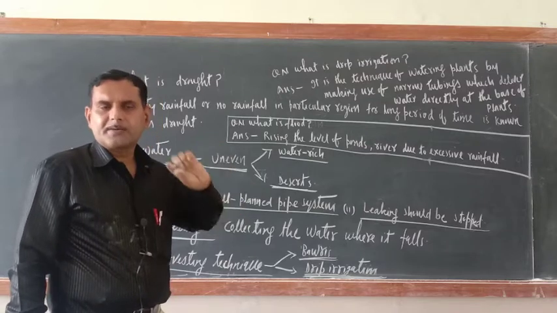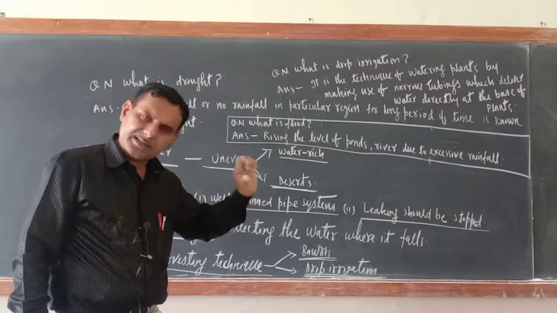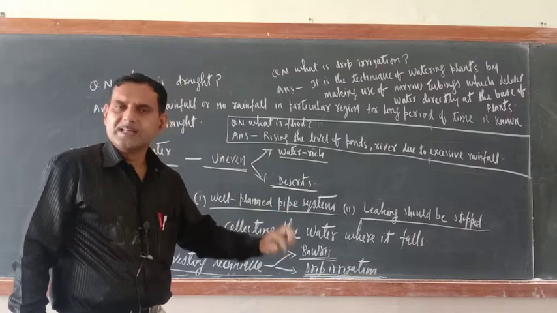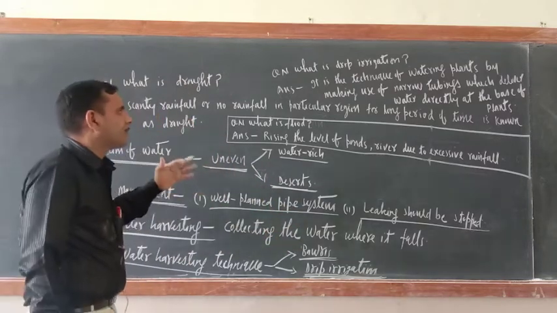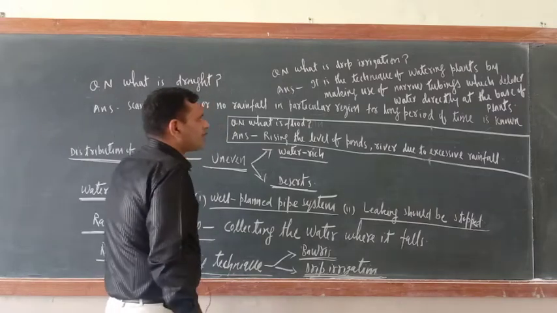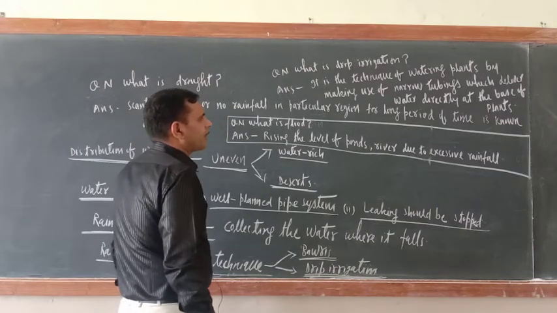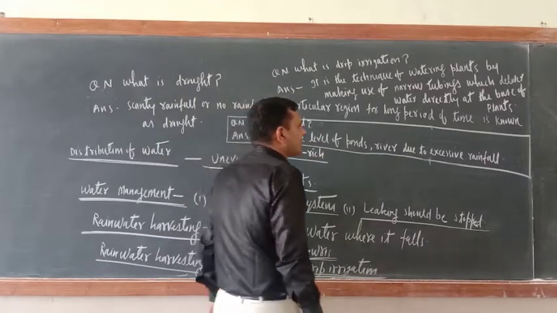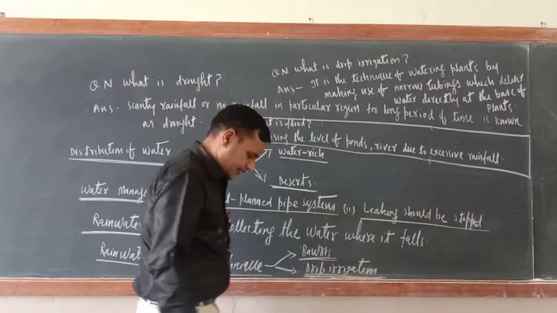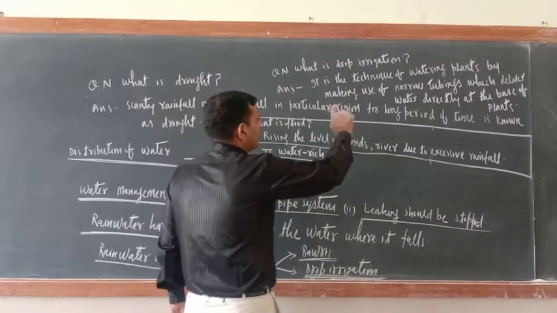Actually water is required by the plant at the base only, at the root only. So if we directly give water to the root, that would be good. So what is drip irrigation? It is the technique of watering plants by making use of narrow tubings which deliver water directly at the base of the plants.